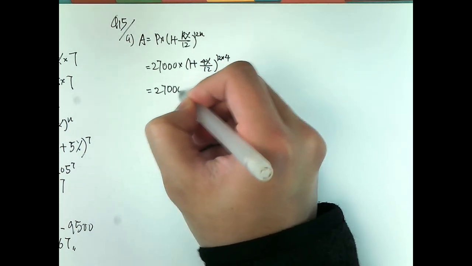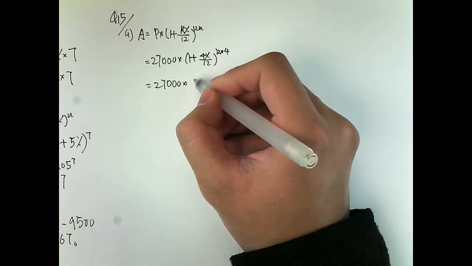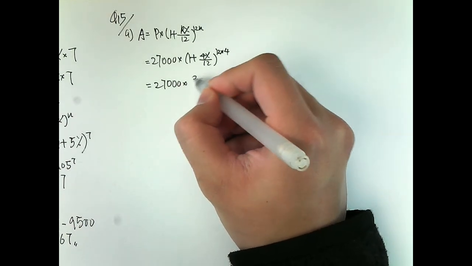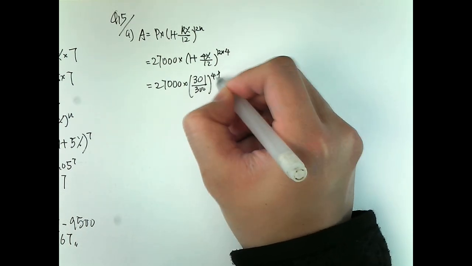So 4% divided by 12 is not divisible. So let me see how to write. So ugly number. When the number is ugly, make it a fraction. Okay. So 48.